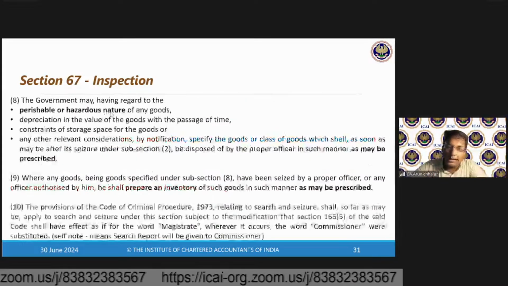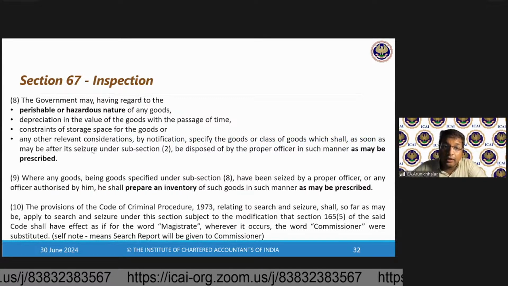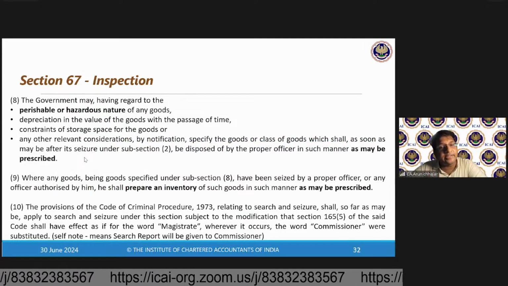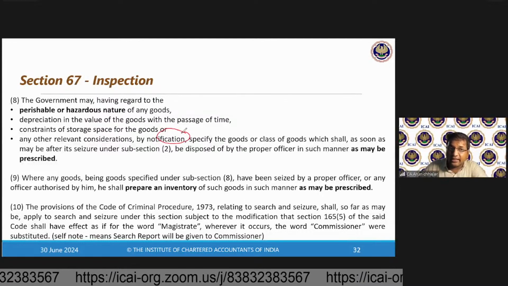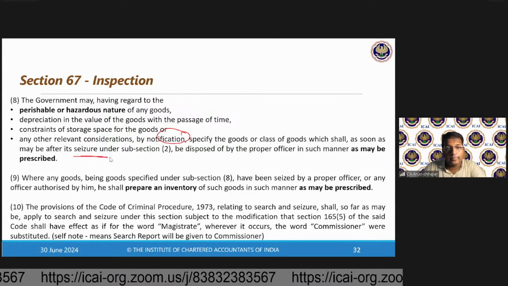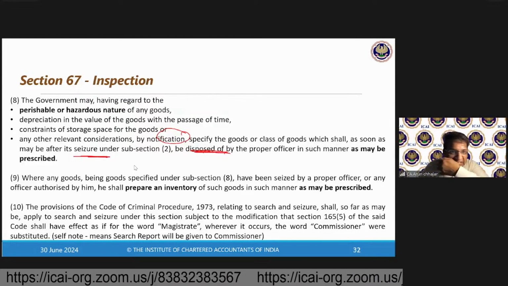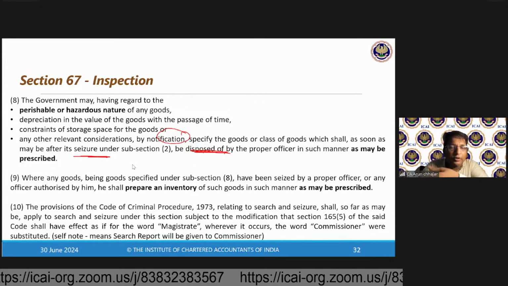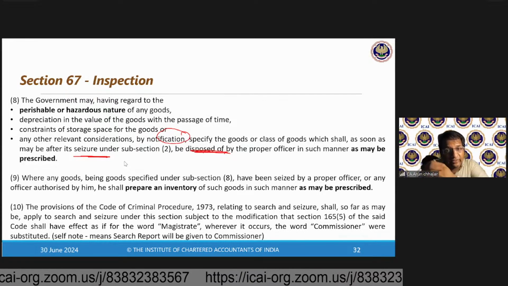Again, the government, having regard to the perishable nature, depreciation, no sufficient space, and other relevant considerations, by notification can list the category of the goods which can be disposed of. So they have issued one notification, and the perishable goods are given in the notification, and those goods can be disposed of even within a shorter period.